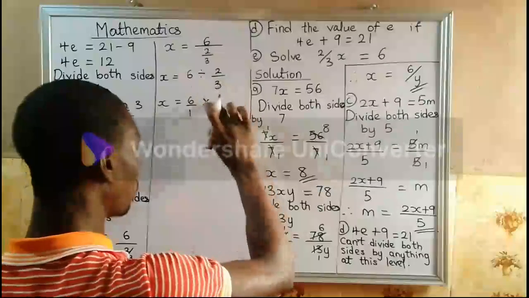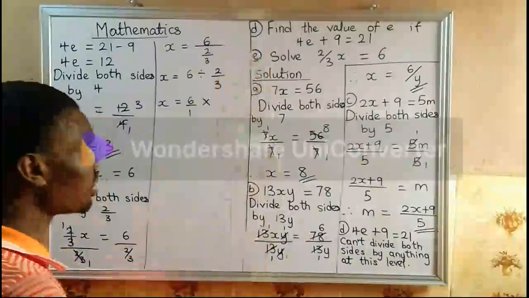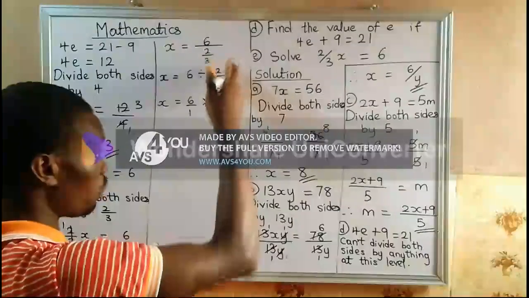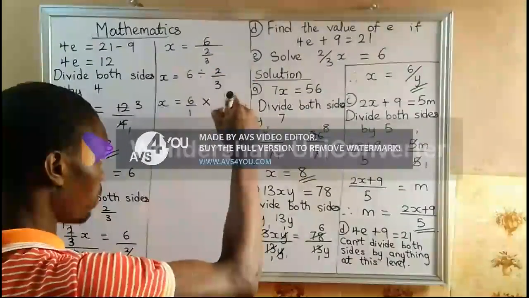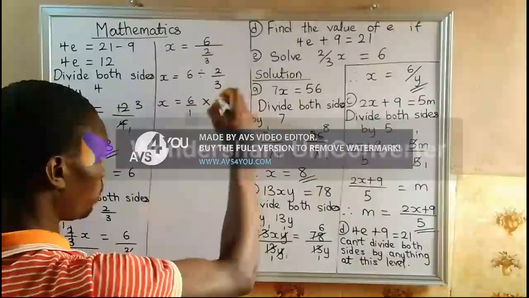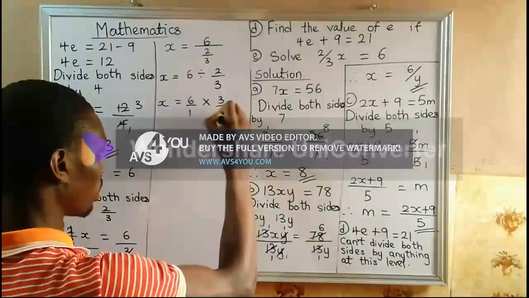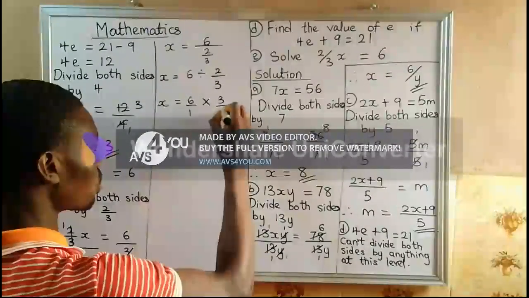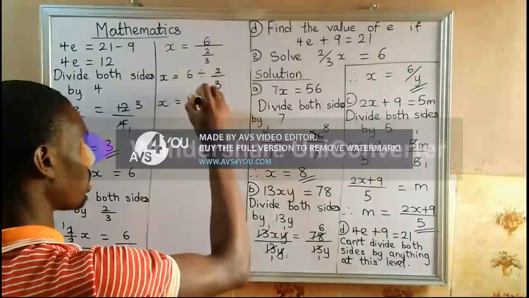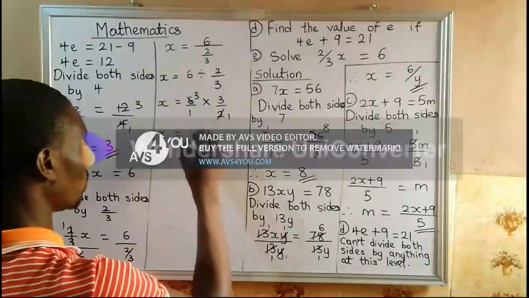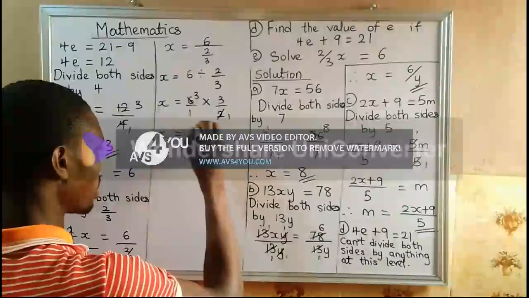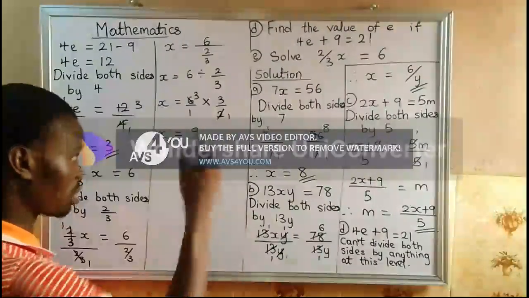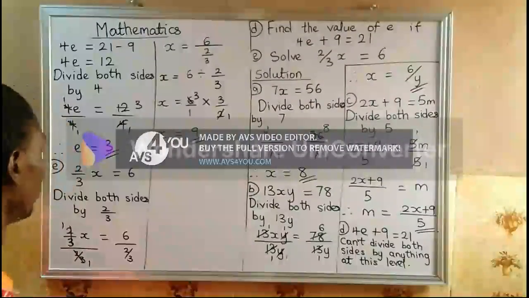And if that happens, you have to change the arrangement of the next fraction. It's 2 over 3, but the numerator will come down and the denominator will go up to have 3 all over 2. So from here, we could cut 2 here 1, 2 here 3. And therefore, x will be 3 times 3, and that is 9 all over 1. 1 times 1 is 1, and 9 over 1 is also the same thing as 9.